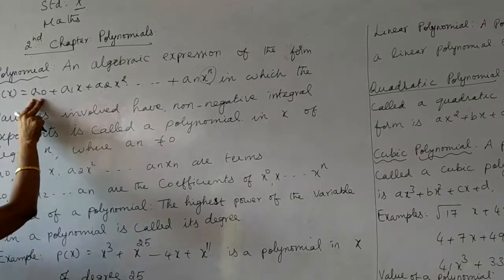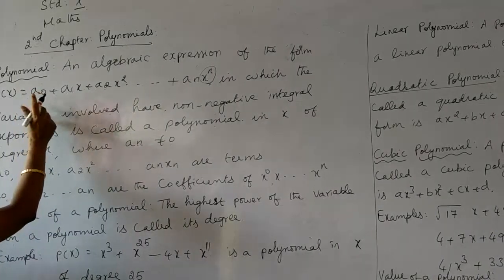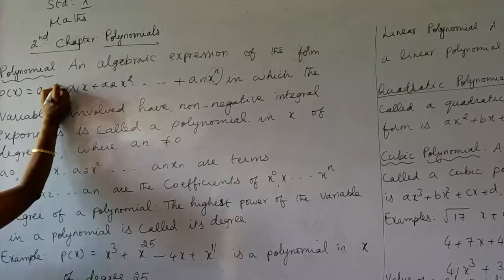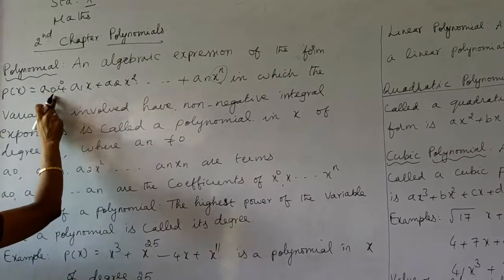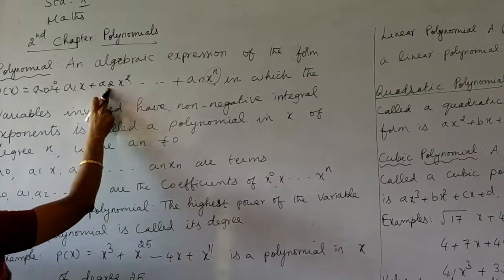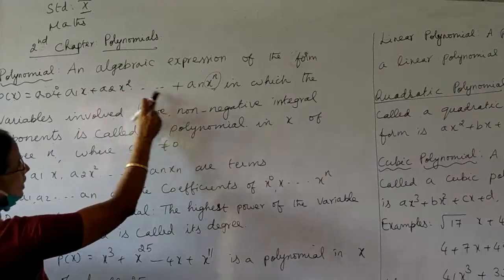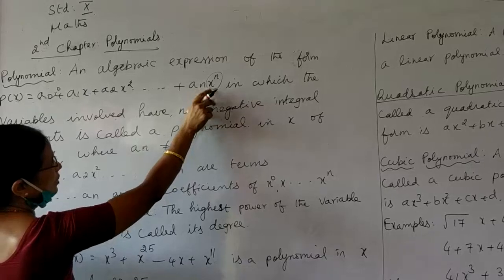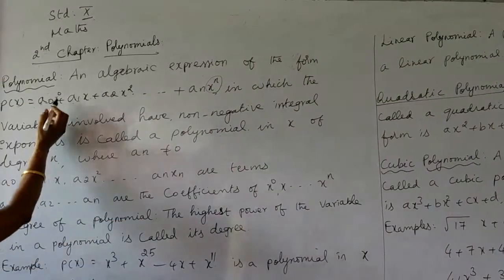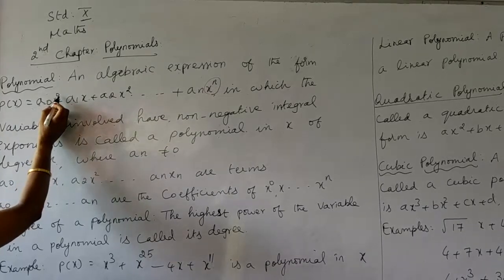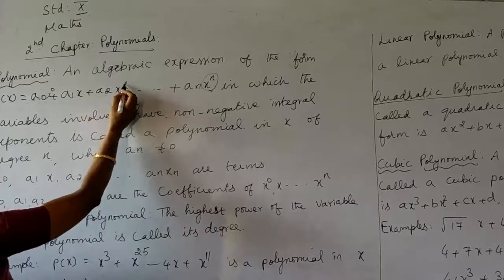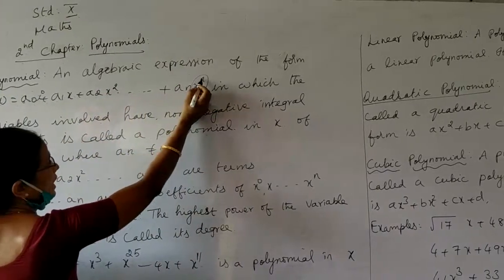Whereas a0 is the coefficient of constant, or we say coefficient of x raised to 0. a1 is the coefficient of x, a2 is the coefficient of x square, and an is the coefficient of x raised to n. So these powers are called exponents. Here it is 0, here it is 1, here it is 2, it goes on, it goes up to n.